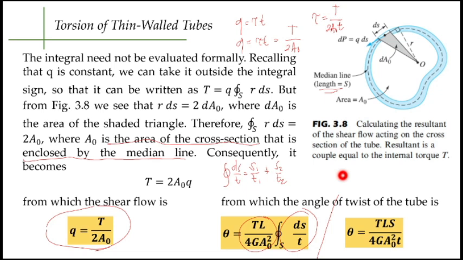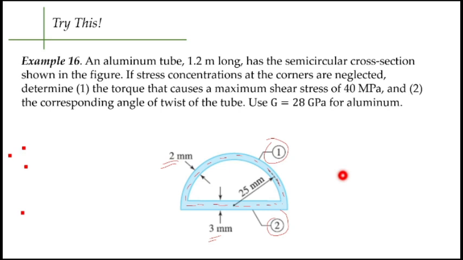So this equation is only true if the tube itself has different thicknesses. But if the thickness is equal for the entire tube, then basically we use this one. So we'll solve this example, and the link to the example is provided in the description below.